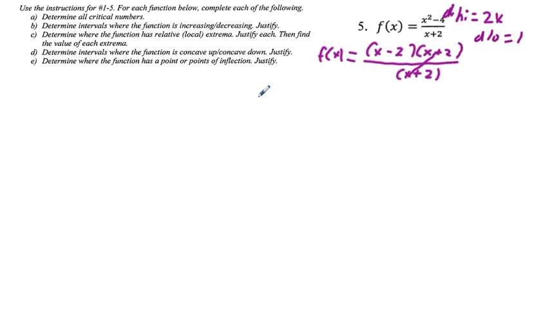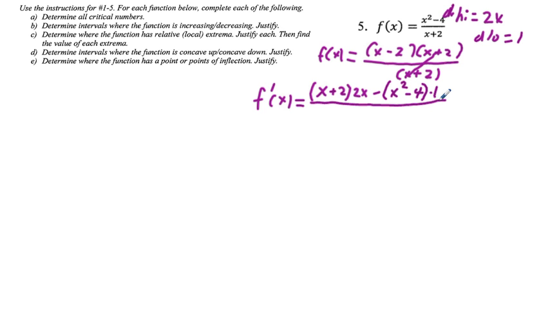So f prime of x equals low, which is going to be x plus 2, d high, which is 2x, minus high, and high is x squared minus 4, and d low is 1, all over quantity x plus 2 squared.